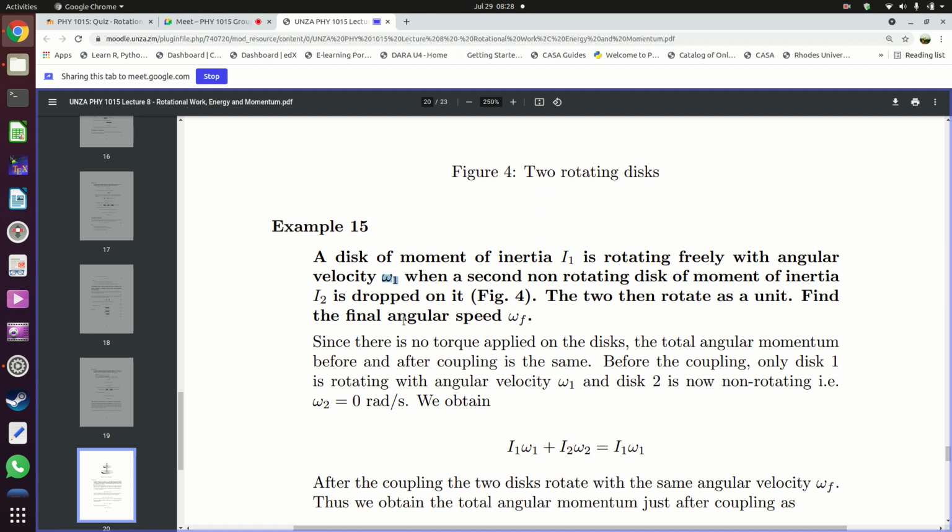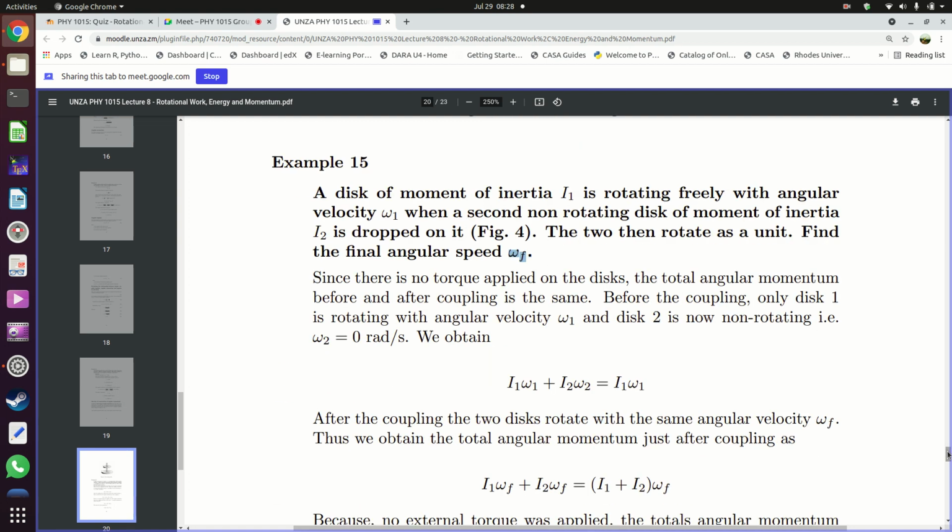Find the final angular speed omega f, which is the speed of the disks after they have been coupled together. In this case, there is a requirement that no torque be applied on the disks. If there is no torque applied, then the total angular momentum before and after coupling must be the same.